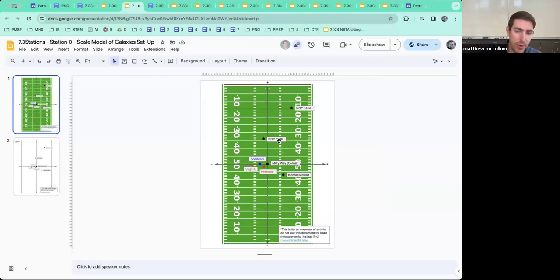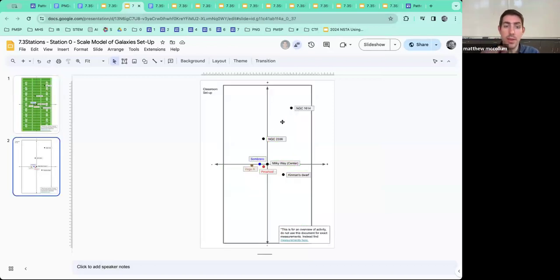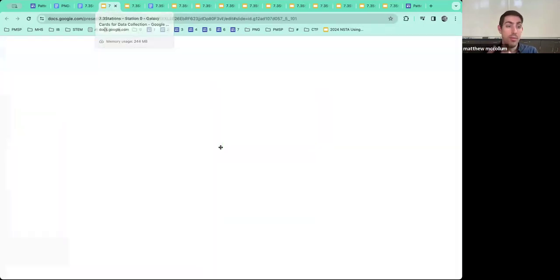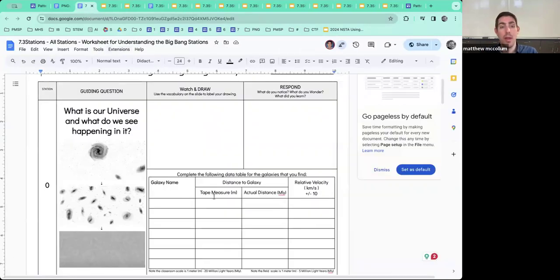So there's a classroom version and a football field version, and these are intentionally placed at positions that are certain distances away from the center. Our center, when we are looking out in the universe, is the Milky Way, and you can see these are laid on top, intentionally placed at certain positions along the way, and students are going to measure and convert from the scale model, either on a football field or the classroom tape measure, to an actual distance.